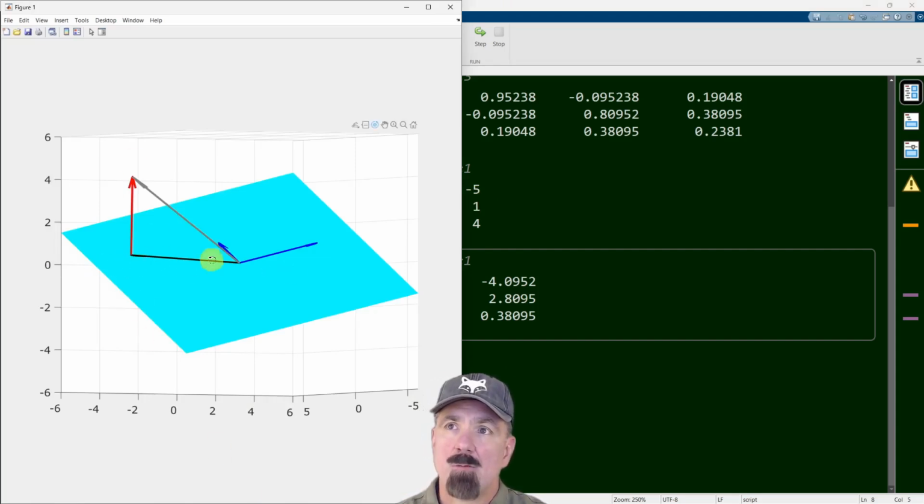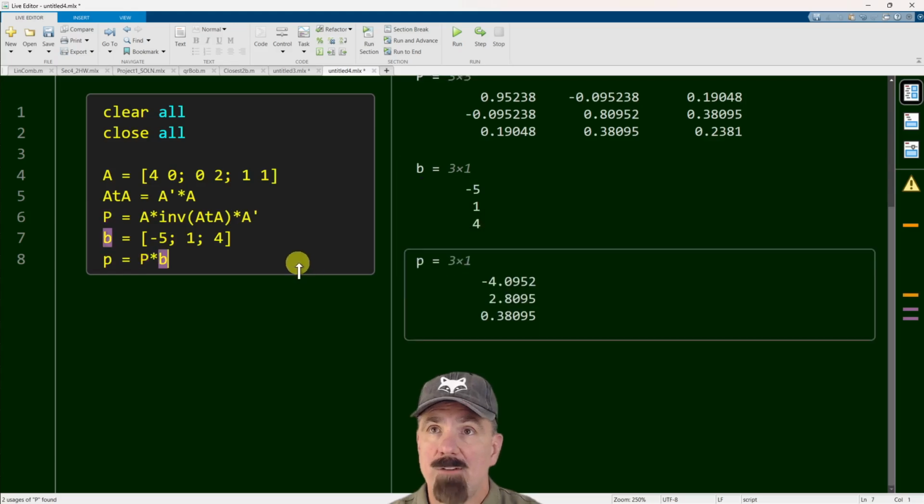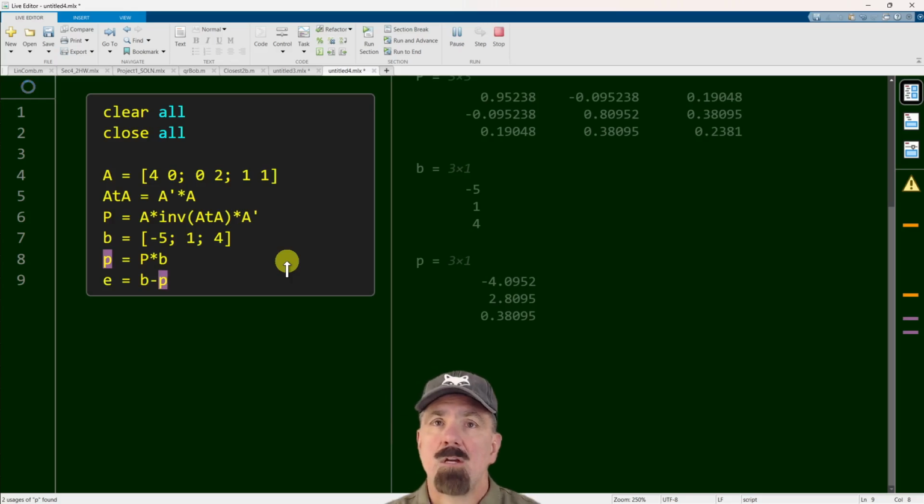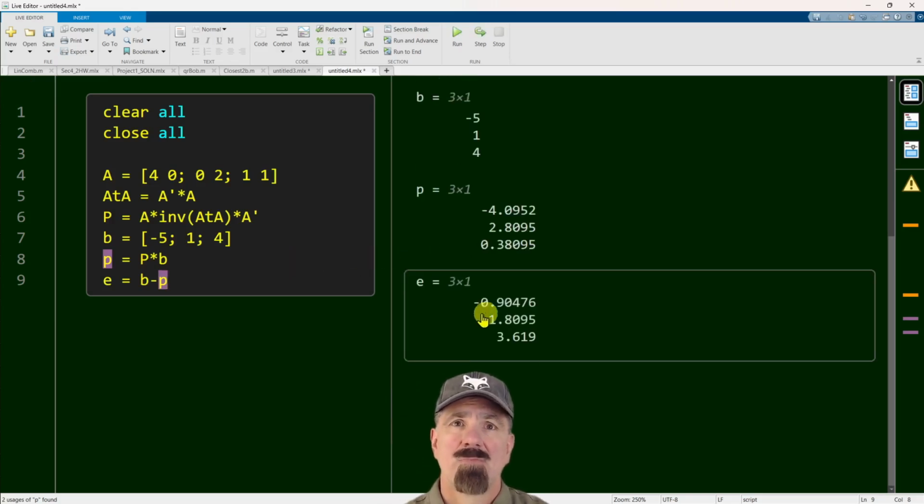The black vector down here is this one right here. And then the error is going to be orthogonal. We can calculate the error vector. The error vector is going to be equal to b minus the p vector. So running this, we have an error vector that looks like this one here. And the length of that vector is minimized.